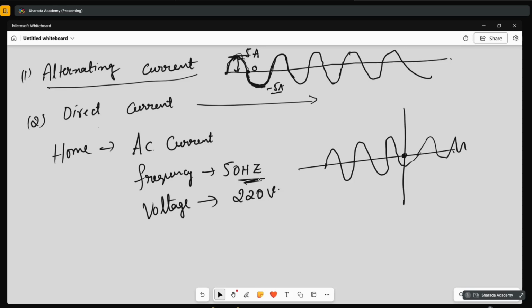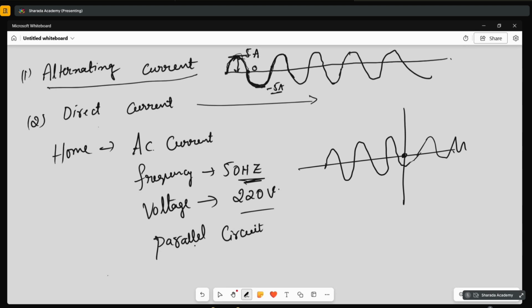And the voltage what we get is 220 volts. And whatever circuit we have in the home, it is the parallel circuit.